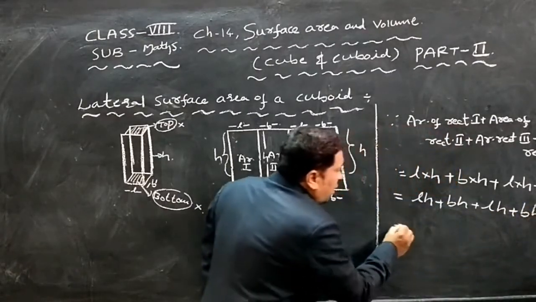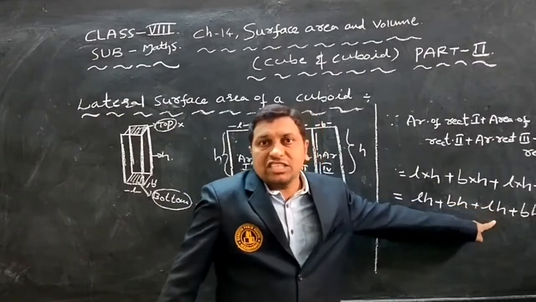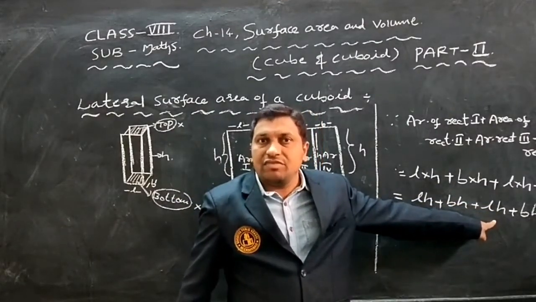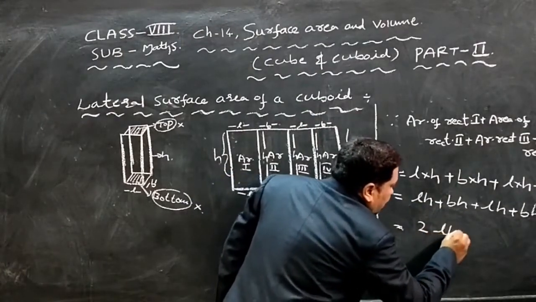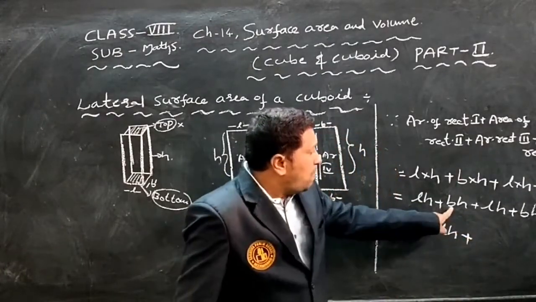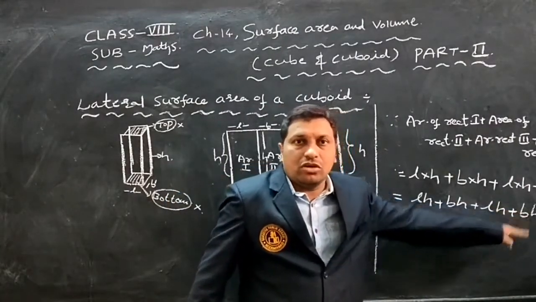So here 1 LH plus 1 LH means 1 plus 1, 2 LH. Plus 1 BH plus 1 BH is equal to 2 BH.